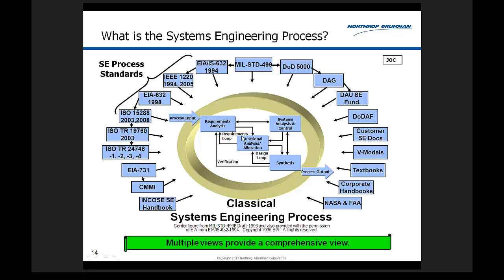Well, that's wrong. That's a misconception, a misunderstanding of the SE process. The idea here is that these processes are simultaneous, and they go in layers or levels of the system, from the external layer down to the lowest level of the system hierarchy, in parallel, one layer at a time.